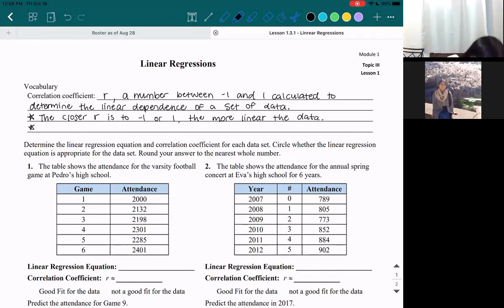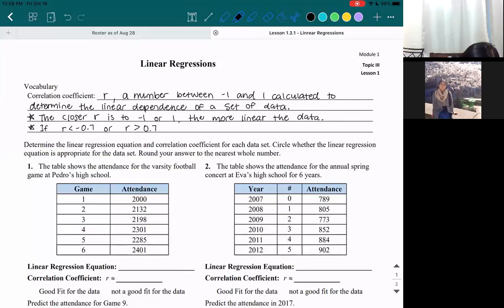I'm going to make another bullet point over here. I want you to say that if r is less than -0.7, so between -0.7 and -1, or r is greater than +0.7, so between 0.7 and 1.